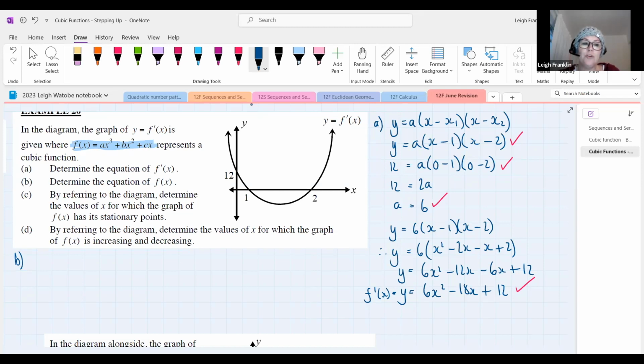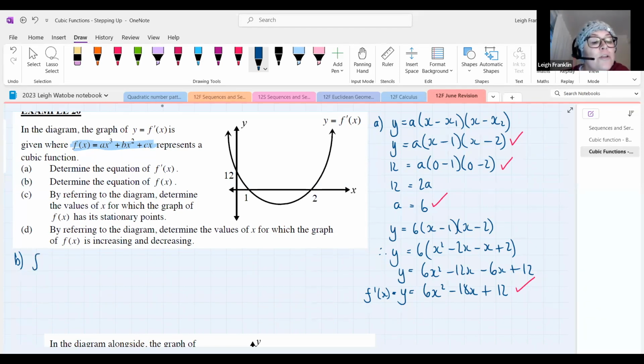So what can we do to f of x so that the answer we get is the same as 6x squared minus 18x plus 12? Don't we look for the second derivative? First derivative, because remember, the first derivative is going to be f prime x, isn't it?